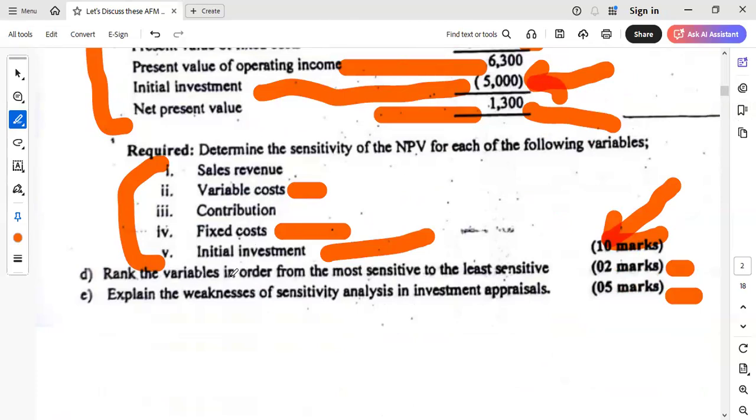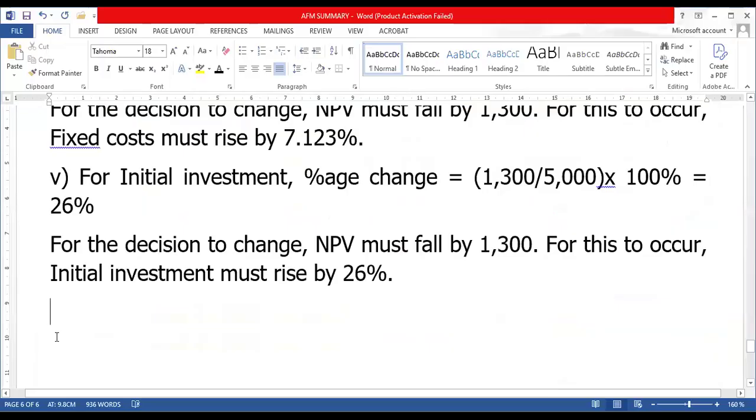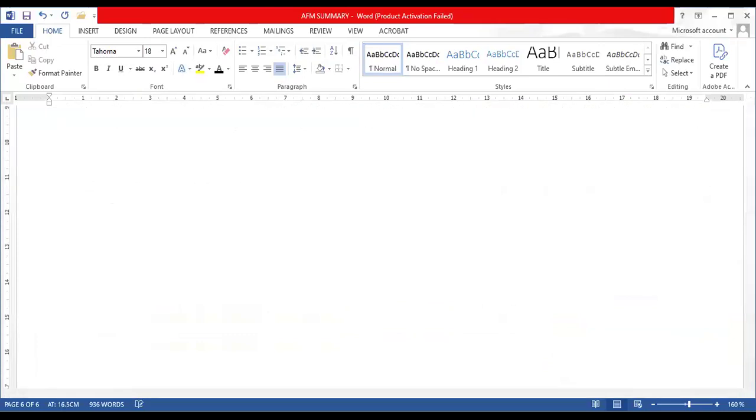Okay, so rank the variables in order from most sensitive to the least sensitive. Very, very easy. Are you aware how we handle this?